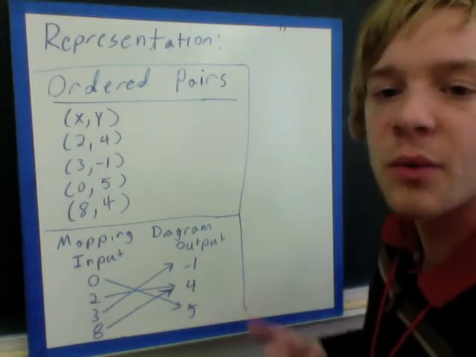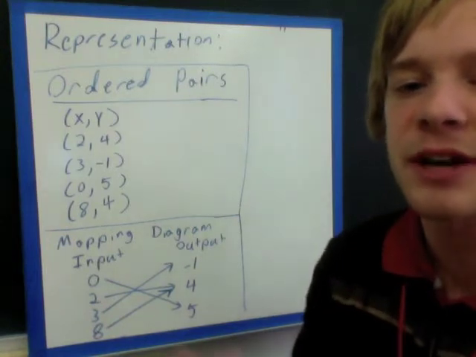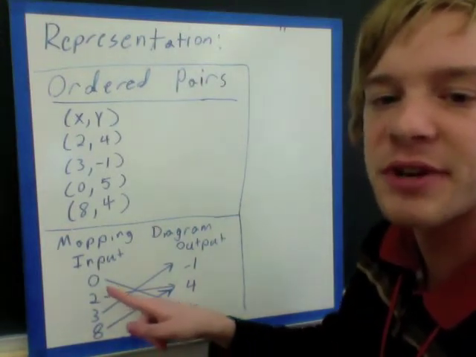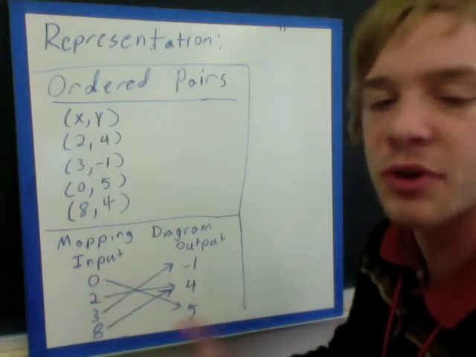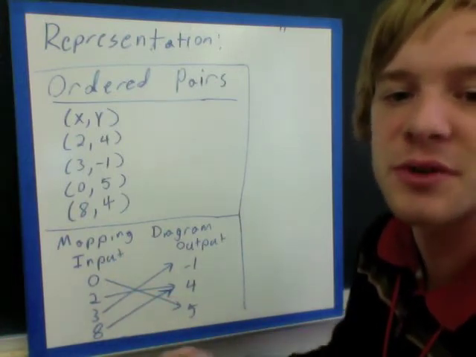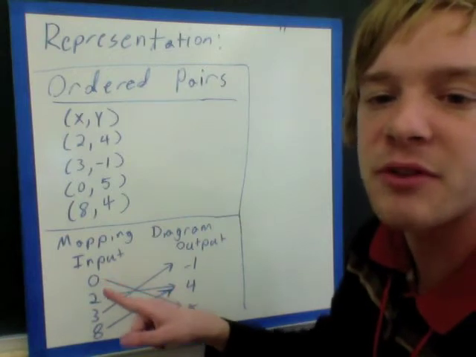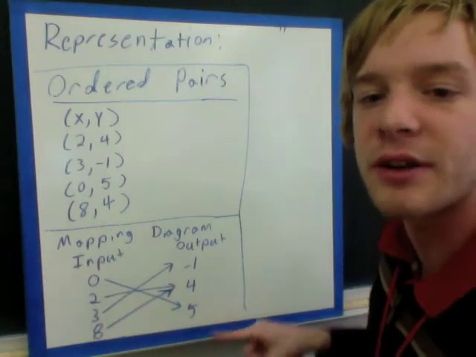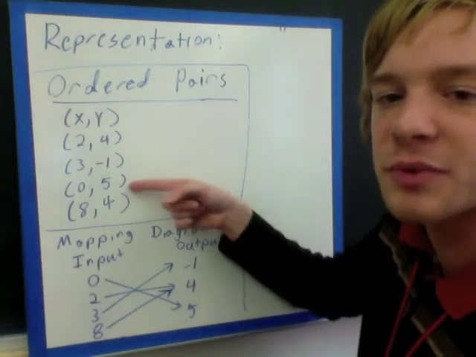Down here, we also have what's called a mapping diagram. What that means is, for instance, if you take 0 as your input, you're plugging in 0 to an equation, or if we're just told that 0 is the input, and we know that that goes to 5, we draw an arrow from 0 to 5 right here. This is the same information that we have right here.